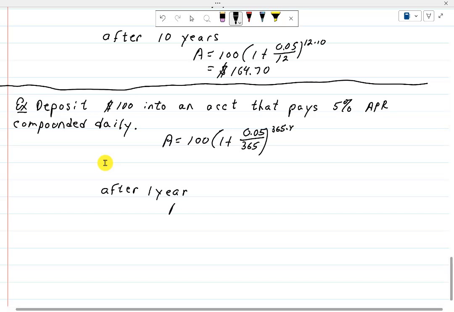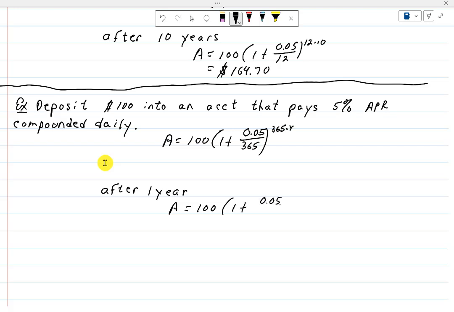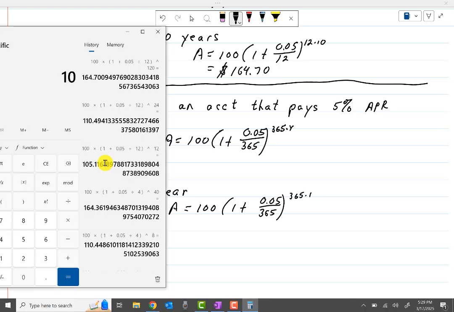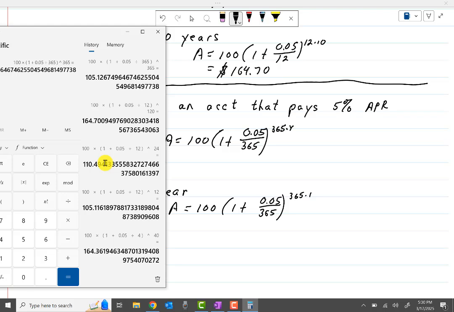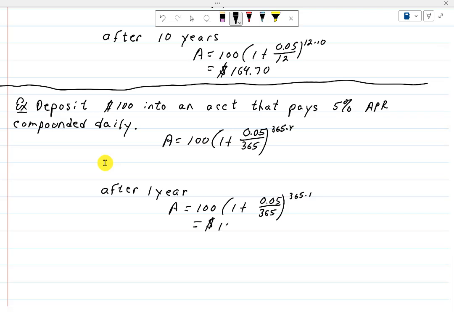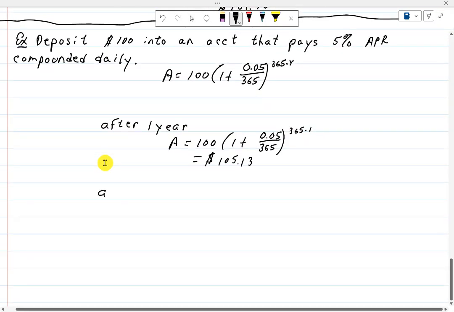So after 1 year, we have A equals 100 times (1 plus 0.05 divided by 365) to the 365 times 1. 100, start my parenthesis, 1 plus 0.05 divided by 365, finish the parenthesis, and raise that to the 365th power. So I get 105.13. I think this is 1 cent more than we got on the last try.